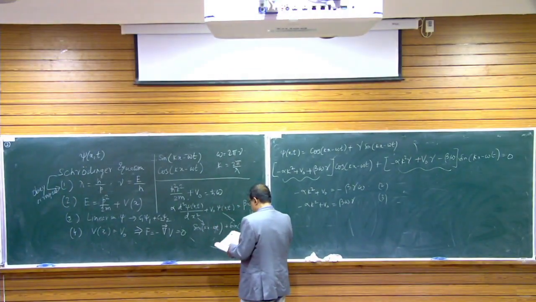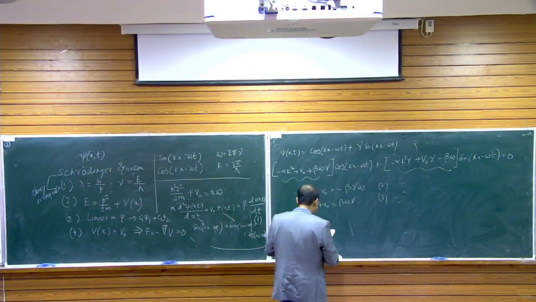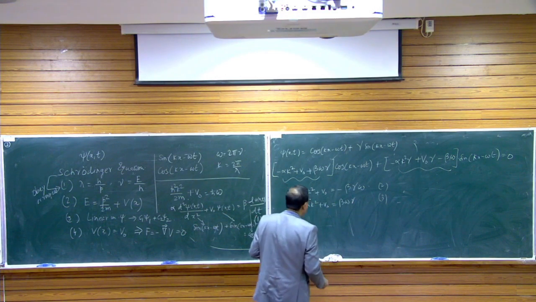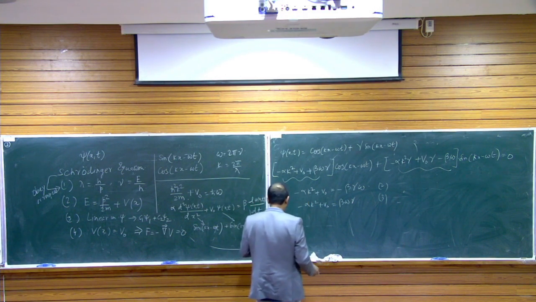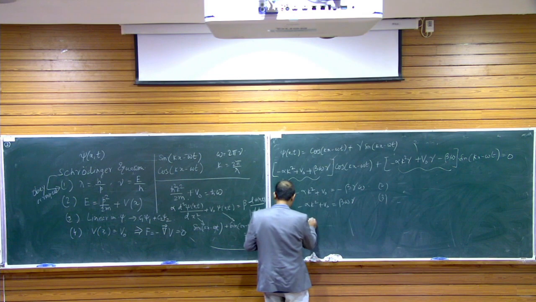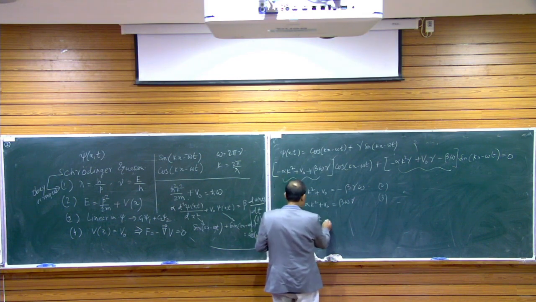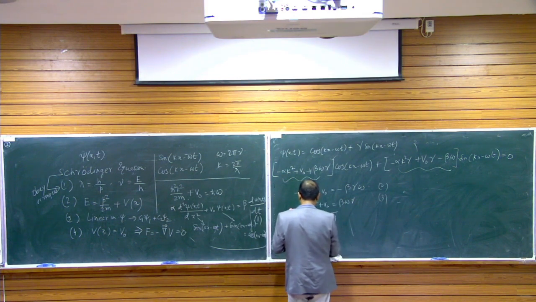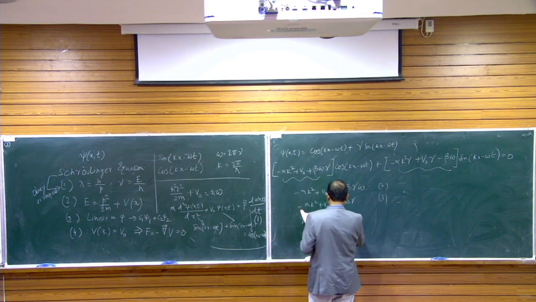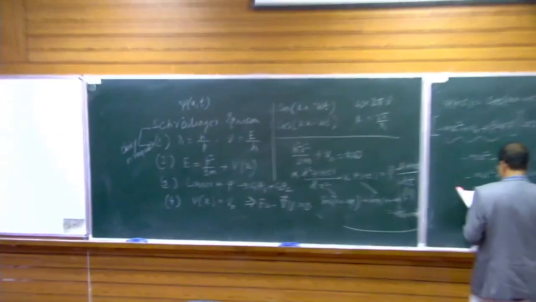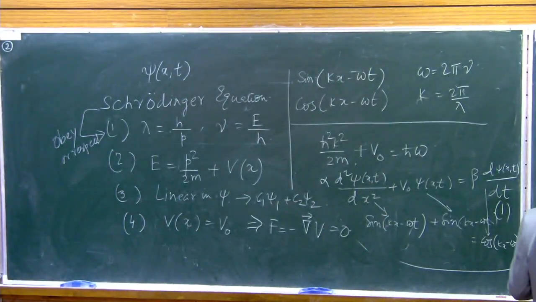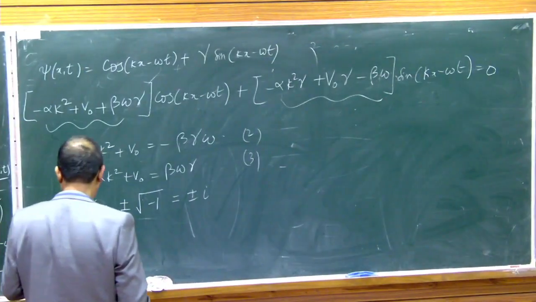So if you solve 1, 2 and 3 simultaneously, what you get is that gamma equals plus minus root over minus 1, which is equal to plus minus i, and so on.